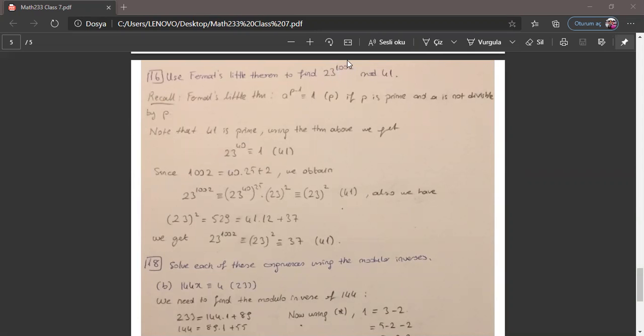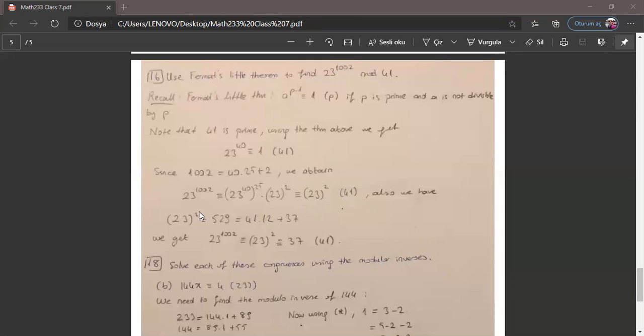So what about this power? If we divide it by 40, we get 2 as the remainder. Now this number can be written in this form, so it is congruent to this number modulo 41.